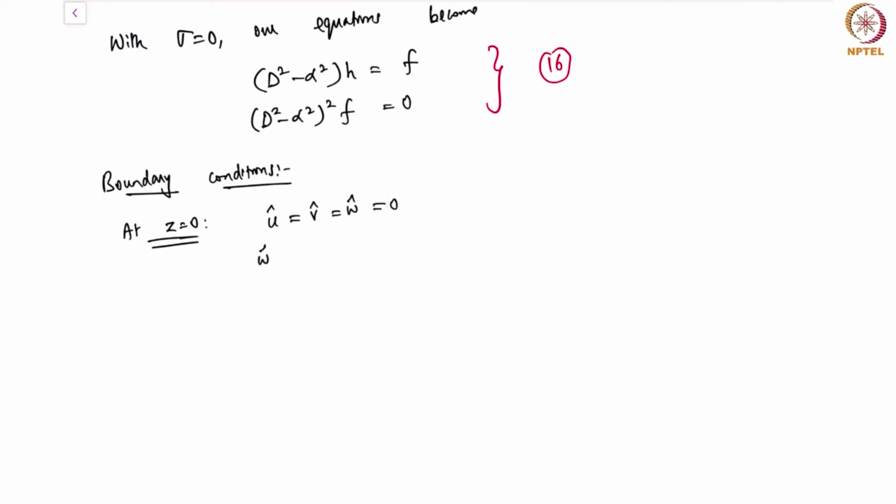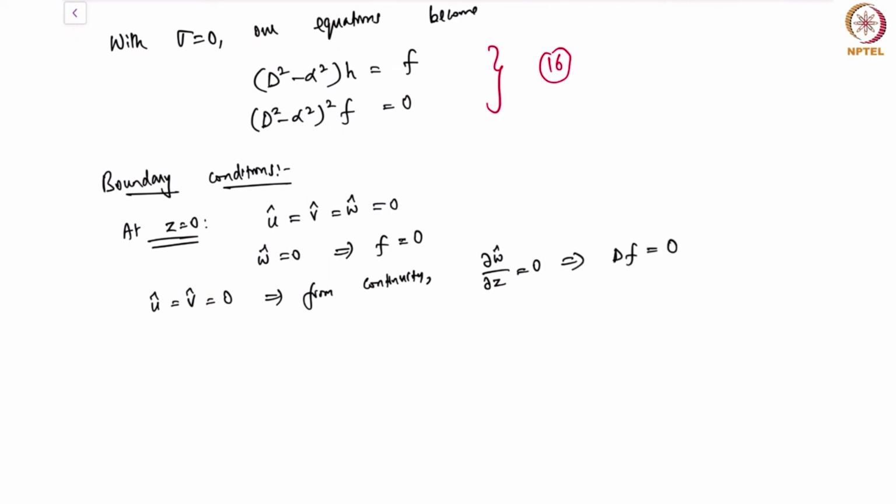So if W hat is 0, this implies F is 0, and if U hat and V hat are 0, then from continuity we have dW/dz is also 0, and dW/dz is nothing but DF, so dF/dz is 0.